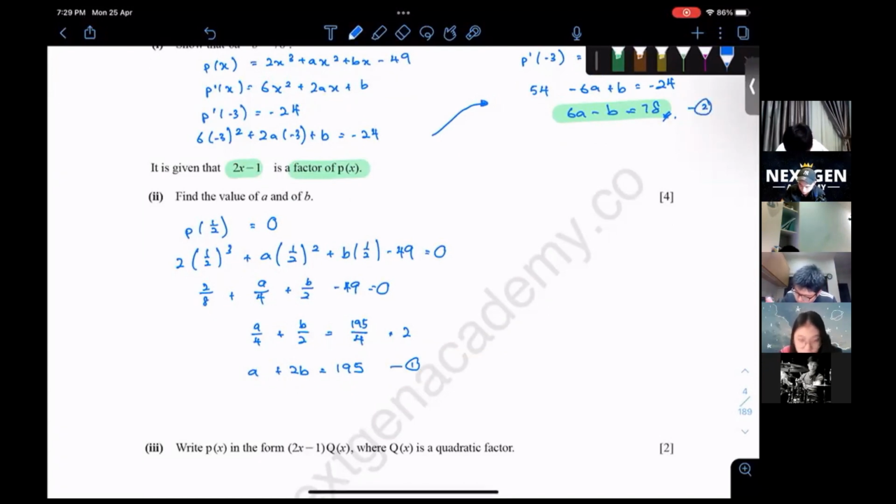So let's do 2 times. So 12a minus 2b equals to 78 times 2, 156. Okay, if you prefer to do substitution, it's fine. But always remember that if it's a simple one, you can do elimination. Try to do elimination first because the steps are actually much shorter.